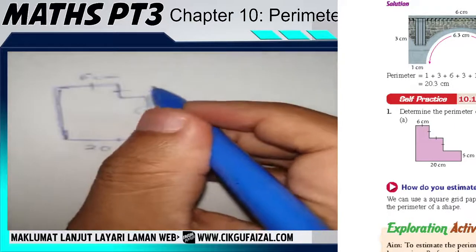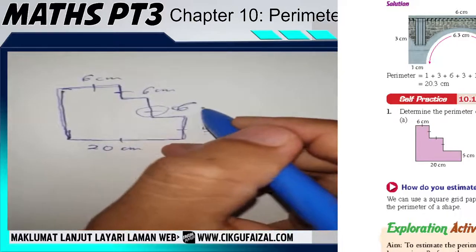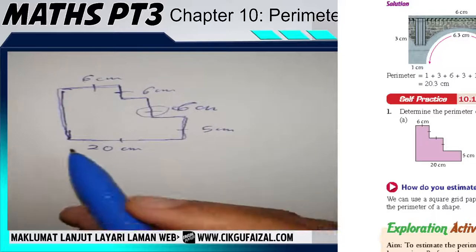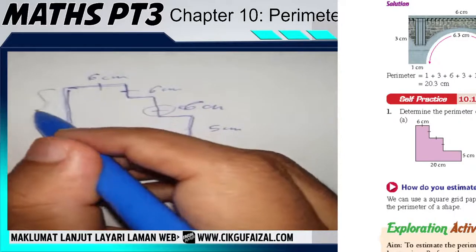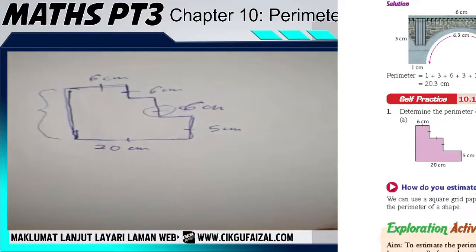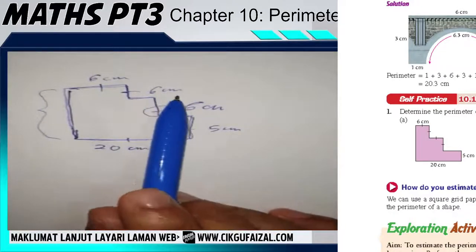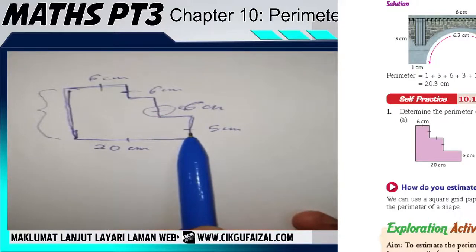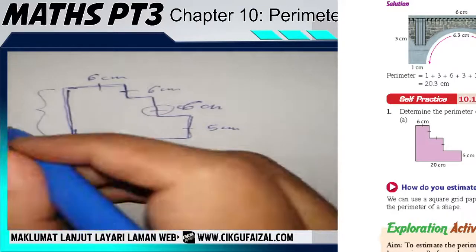So you can directly write 9 cm. Okay, and then can you know the length of the side? For sure. How? By adding all the 3 values. 6 plus 6 plus 5. Then you get 17.